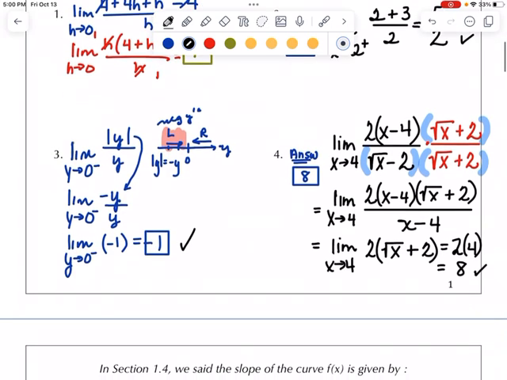And then for number 3, you have an absolute value, so you have to understand which side of 0 you're approaching. The limit is as y approaches 0 from the left-hand side. Then the absolute value of y converts to the opposite of y, because if you approach from the left side of 0, those are negative numbers, and you're going to get a positive number, the opposite of a negative.